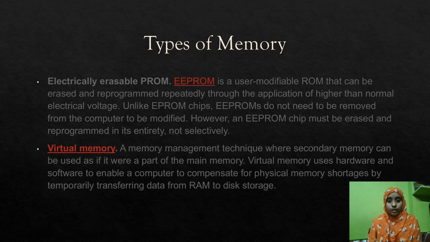Electrically erasable PROM (EEPROM) is a user-modifiable ROM that can be erased and reprogrammed repeatedly through the application of higher than normal electrical voltage. Unlike EPROM chips, EEPROM does not need to be removed from the computer to be modified.